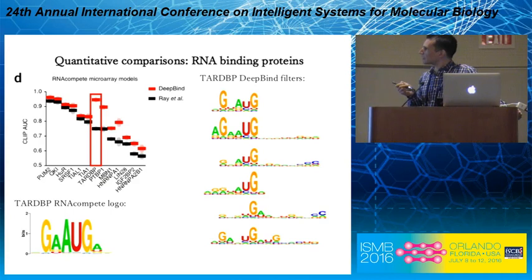But we can see that DeepBind learns motifs that are more subtle and learns more long-range effects than the simple PWM, and that might explain why on proteins where that might be important, it outperforms RNA-compete by a significant margin.